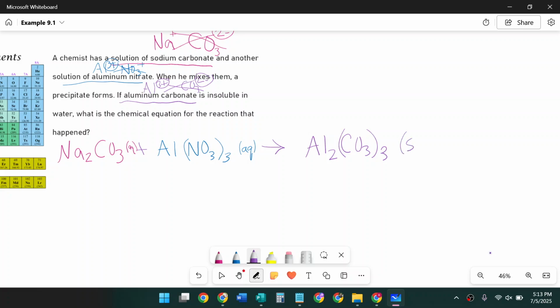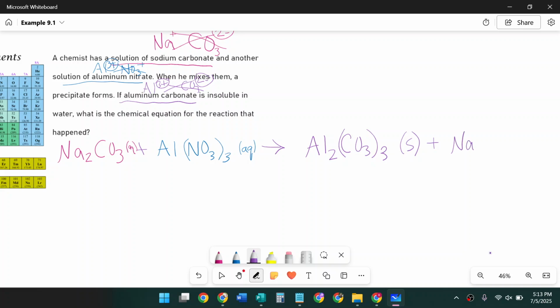And then we have to see, what else is left? So we've used our aluminum, we've used our carbonate, so the two things that are left are the sodium and the nitrate. So let's add those in.